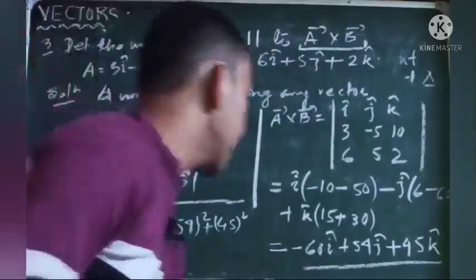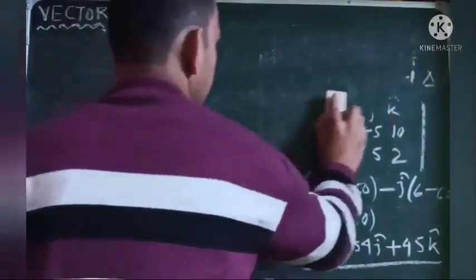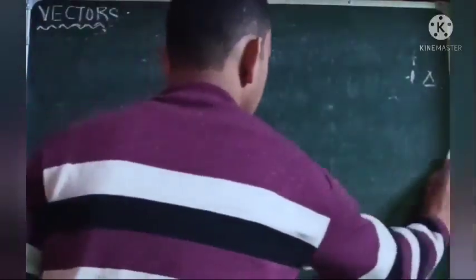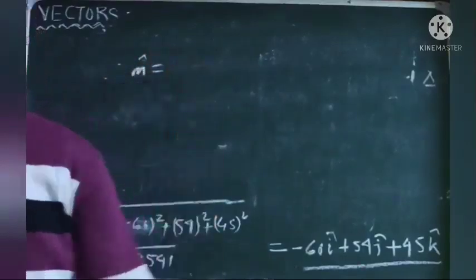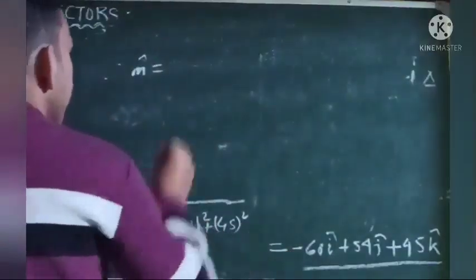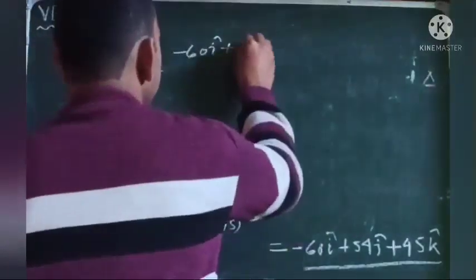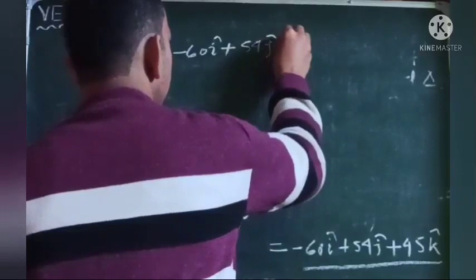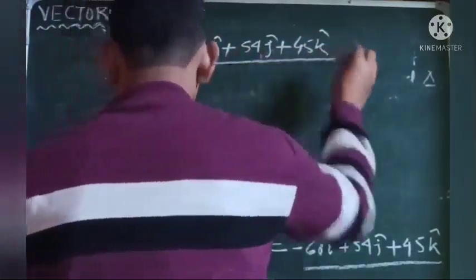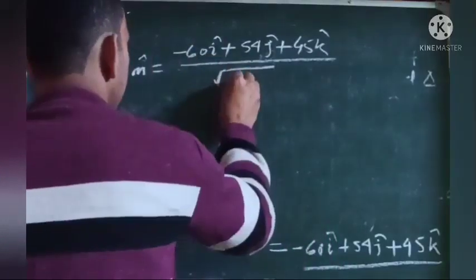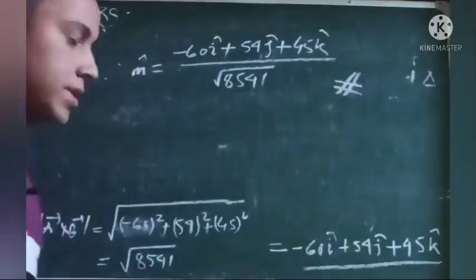Therefore, now we can find n cap, which is equal to A cross B, which is minus 60 i cap plus 54 j cap plus 45 k cap, divided by square root of 8541. This is the answer of this question.